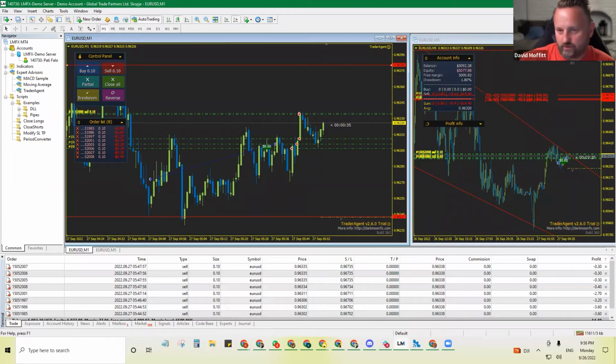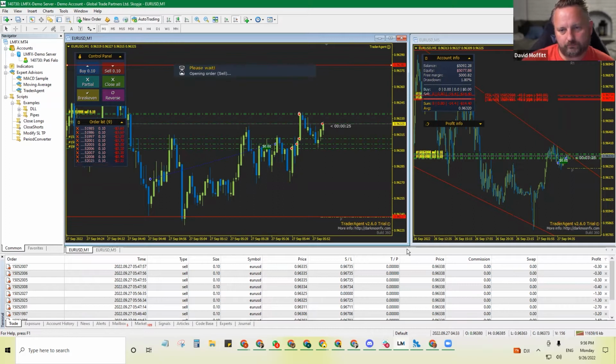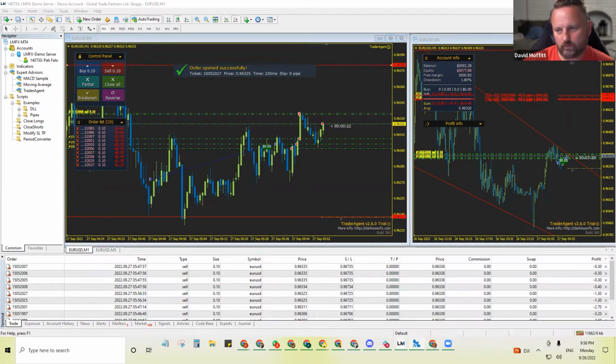All right, so if it shoots up, we'll go ahead and throw some more sells on. In fact, go ahead and throw like 2 sells on, because again, we're coming back up into that trend line, and it's going to break here.